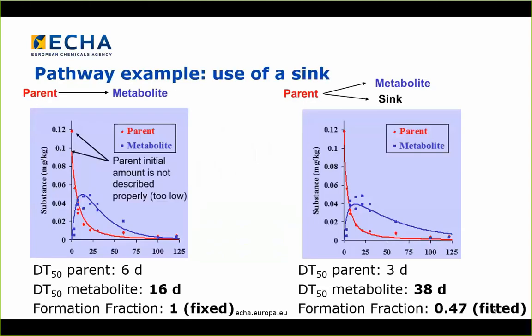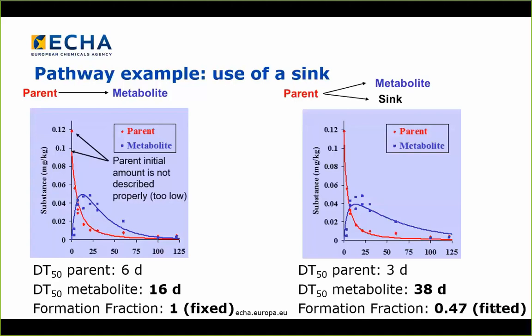This is just an example of the same data set fitted with two different conceptual models. So on the left, we have a parent to a metabolite with no flow to a sink, and on the right, we have a conceptual model where we've retained that flow to a sink. And the only thing to notice really is that without the flow to the sink, we get a relatively poor fit of the parent to the initial amount.